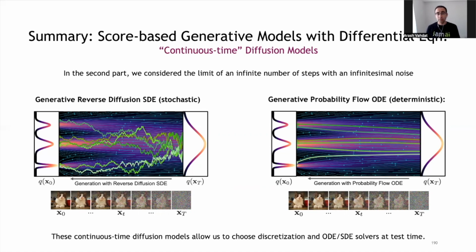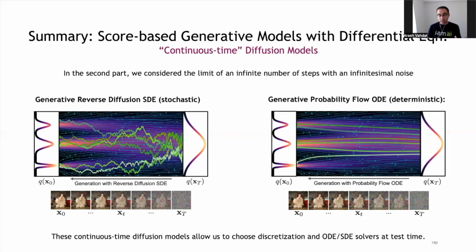He also talked about probability flow ordinary differential equations, or ODEs, which describe a deterministic mapping between the noise distribution and data distribution.